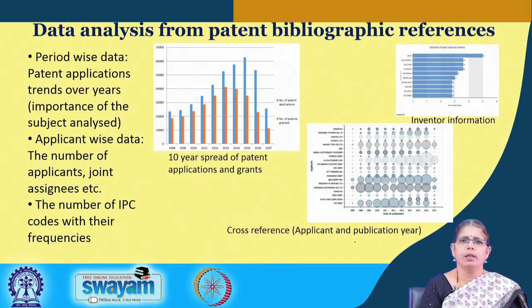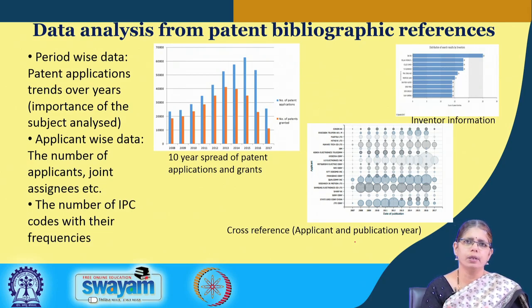A lot of data can be analyzed based on patent bibliographic information. We can look at period-wise data, applicant-wise data, and understand patent trends. For instance, here we are looking at a 10-year spread of patent application and grants.